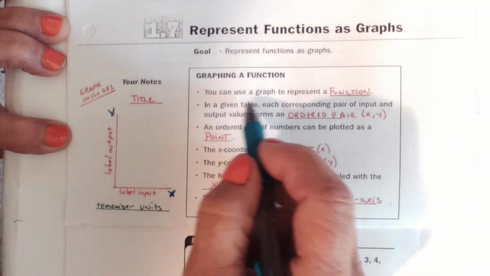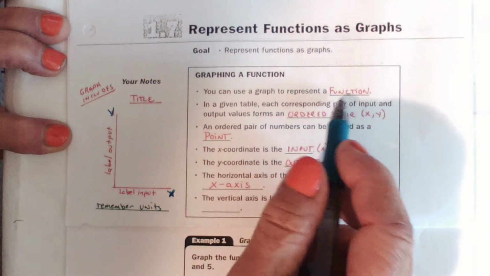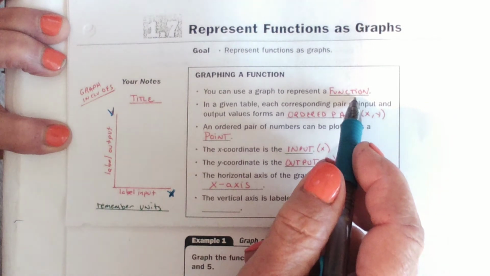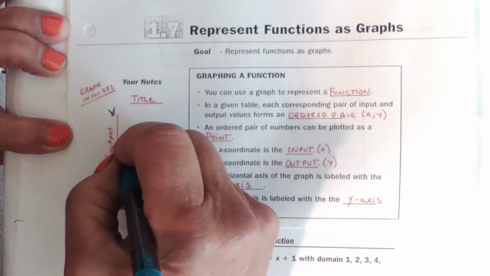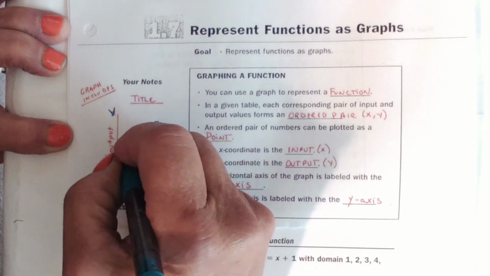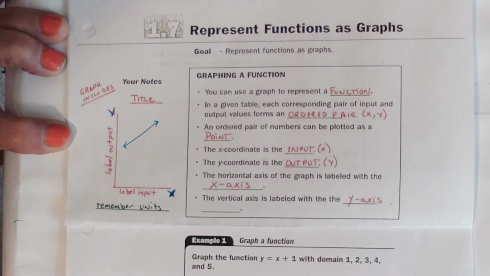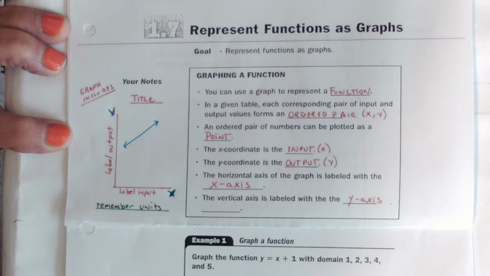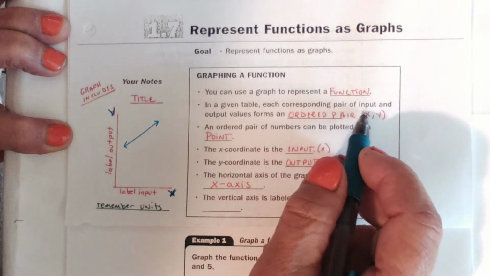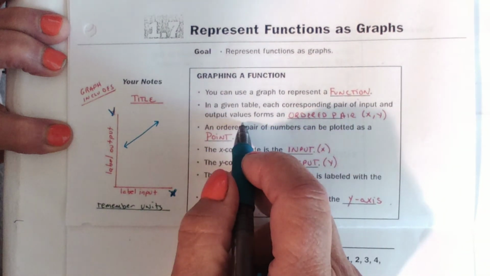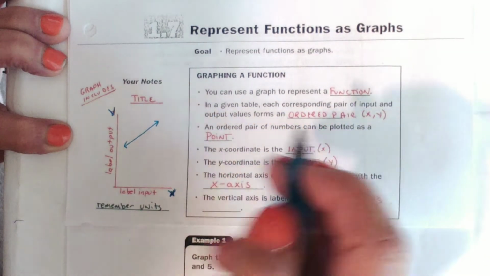So you can use a graph to represent a function. And so a function could be a line like this, and that's the typical function that we are going to be focusing on this semester. In a given table, each corresponding pair of input and output values form an ordered pair.